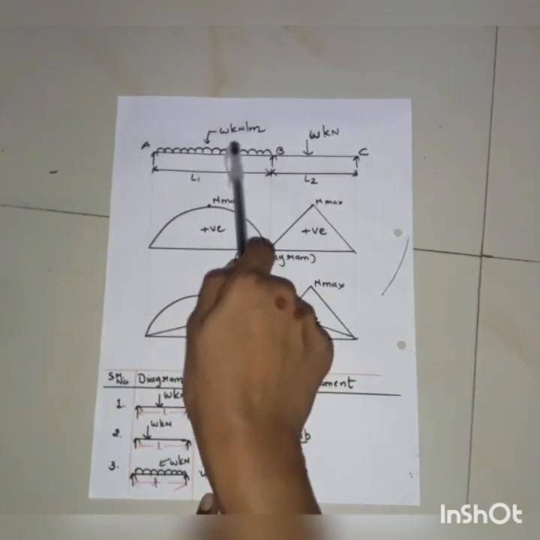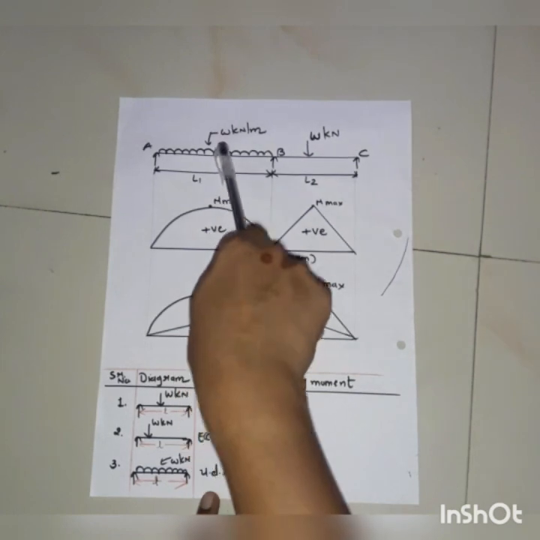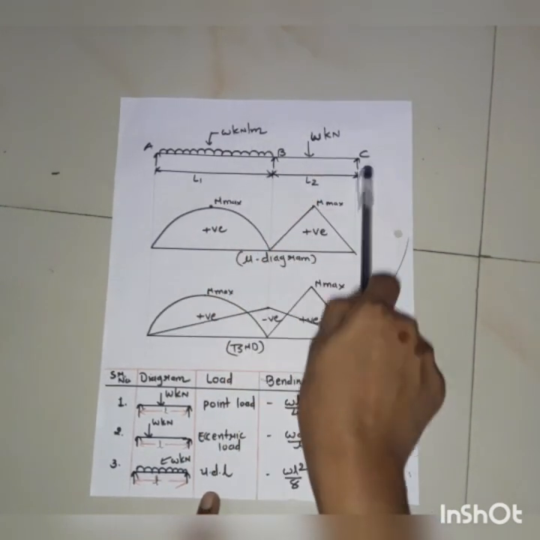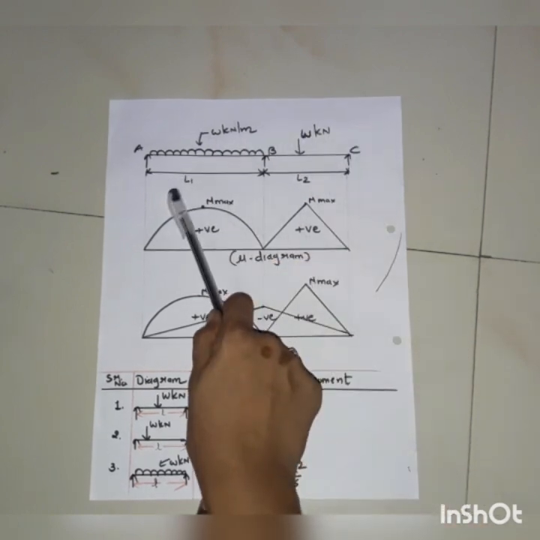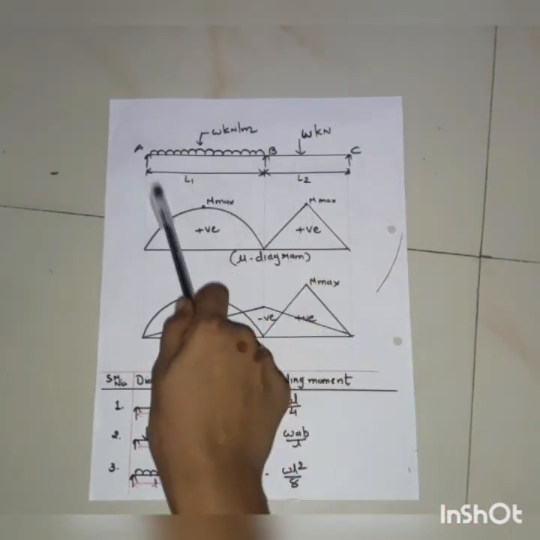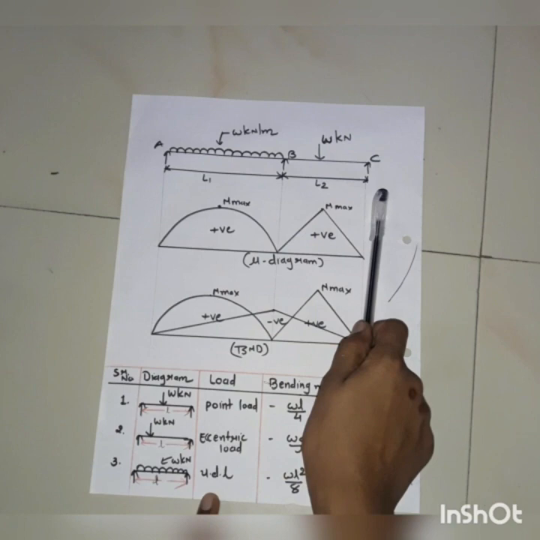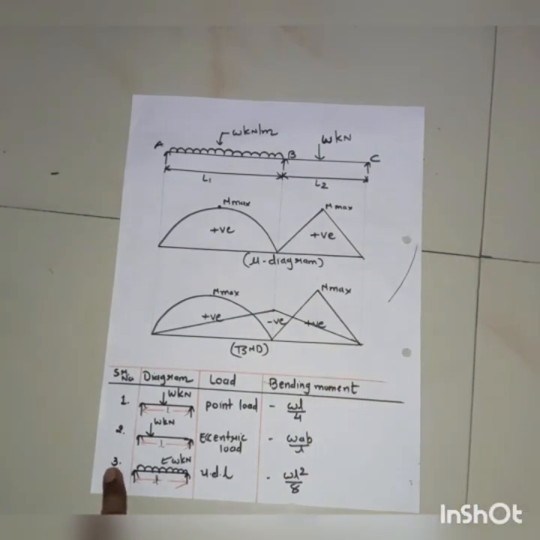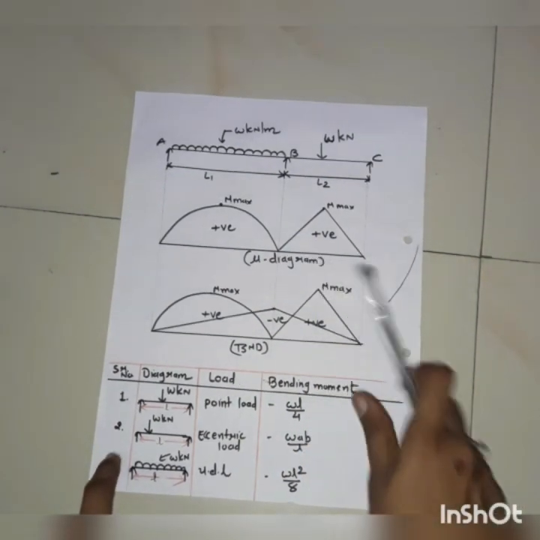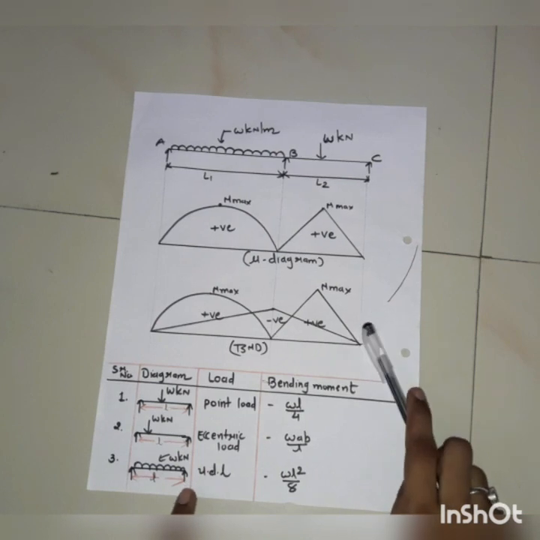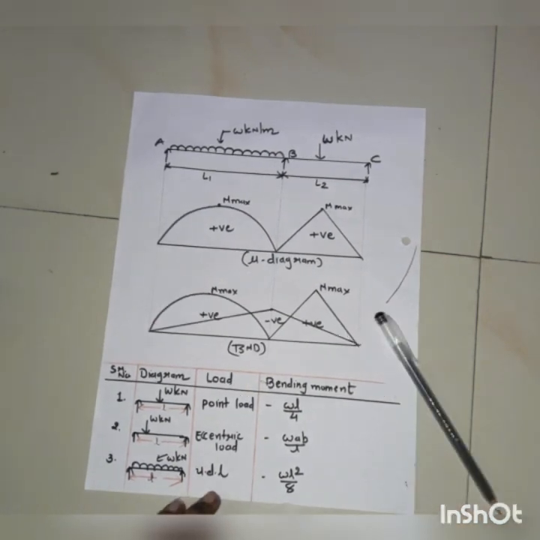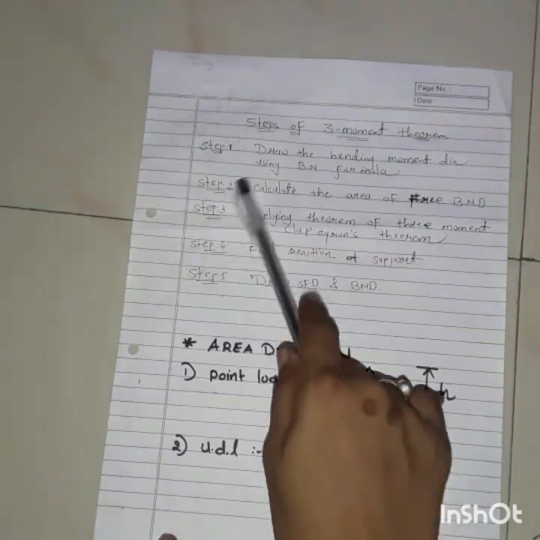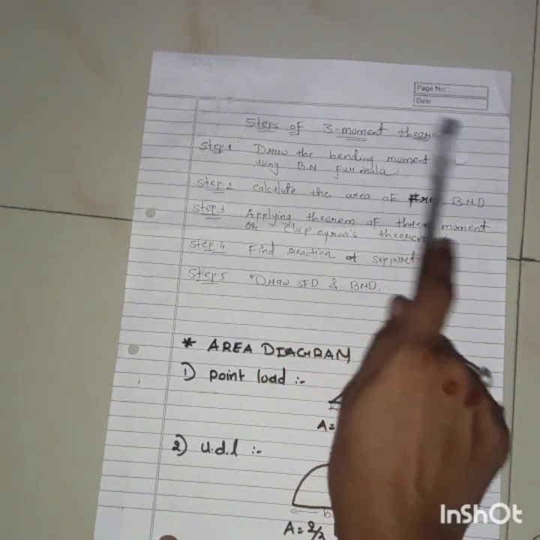Span AB carries the UDL of W kilonewton per meter, BC span carries the W kilonewton point load, and L1 and L2 are the spans of AB and BC respectively. Here are the steps of the three-moment theorem.